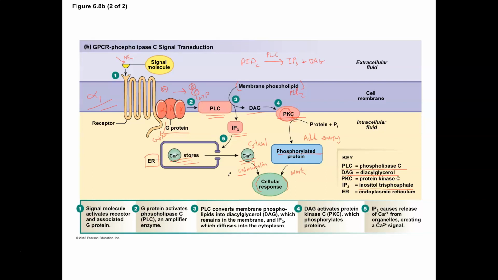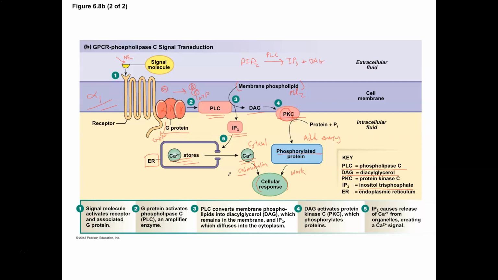So IP3 triggers the release of calcium from the endoplasmic reticulum. Calcium interacts with calmodulin. Calmodulin and calcium go on to do work within the cell. So those are two different examples looking at beta receptor response and alpha receptor response to see how norepinephrine can exert its effect on postsynaptic cells.